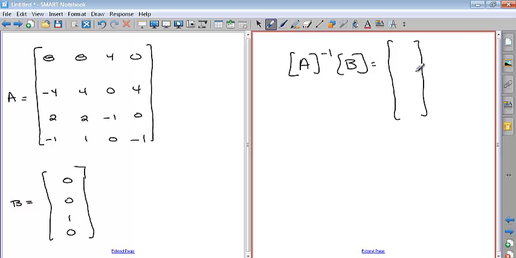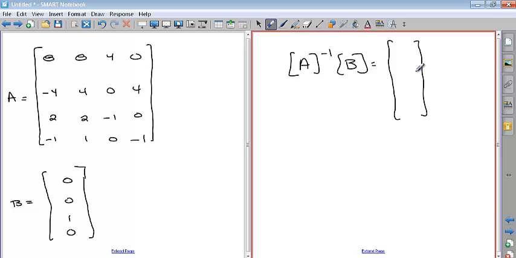So I'm just entering my numbers into my calculator at this point. Okay, so that's matrix A. And the second matrix is being entered into my calculator.